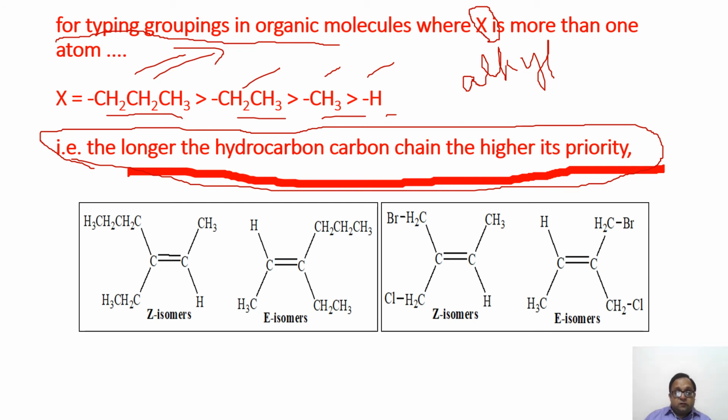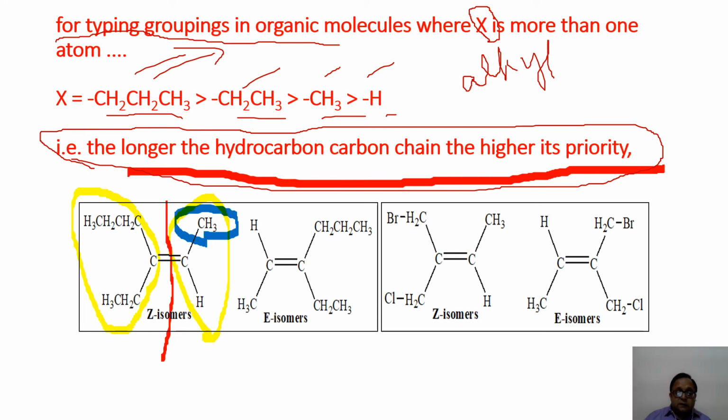So let's have one example. See this example. This is the carbon bond. It is the one carbon. It is another carbon. See the substituent. On the first carbon, the substituent is methyl and hydrogen. So which is having the priority?